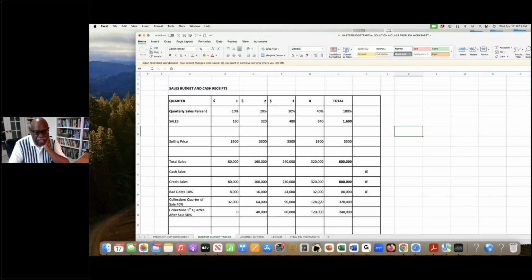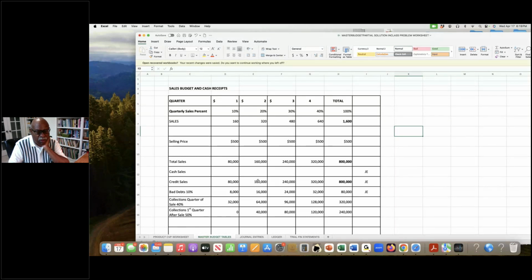So collections in the quarter of sale were 320. In the first quarter after sale, we collected 50% of the remaining money. In the first quarter, our credit sales were 80,000. Ten percent we were not going to collect, 40% we collected, and then the other 50% we collect in the second quarter. That continues to be the case each quarter.